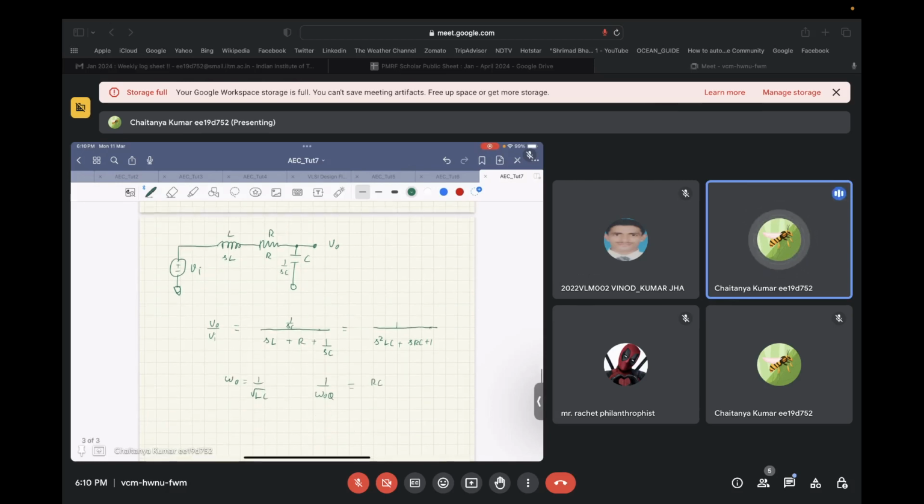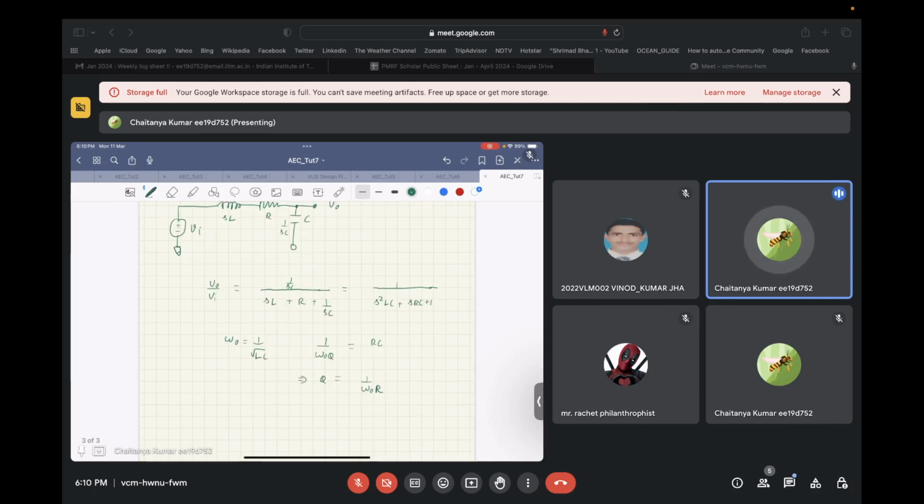So from here we can write the value of Q as 1 upon omega naught times R, and 1 upon omega naught, if we take from here, we get Q as equal to 1 by R times root L by C.